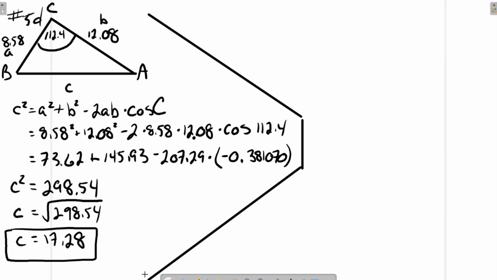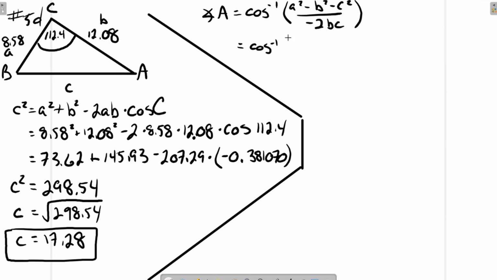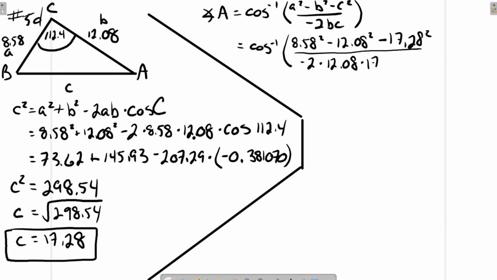All right, so I've got three sides now. Now I'll go ahead and find the remaining angles. Angle A is equal to the arc cos of A squared minus B squared minus C squared divided by negative 2BC. So the standard formula. Putting in the numbers of 8.58 squared minus 12.08 squared minus 17.28 squared, all of that's divided by negative 2 times 12.08 times 17.28.